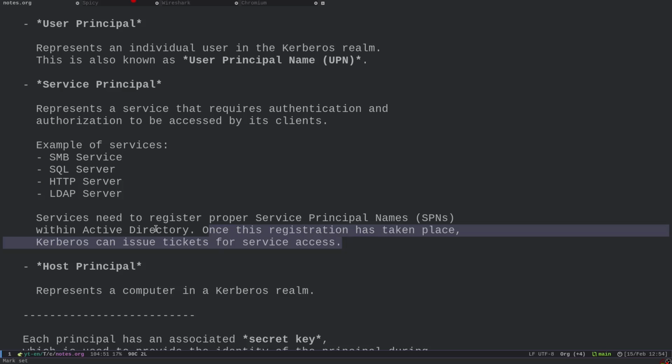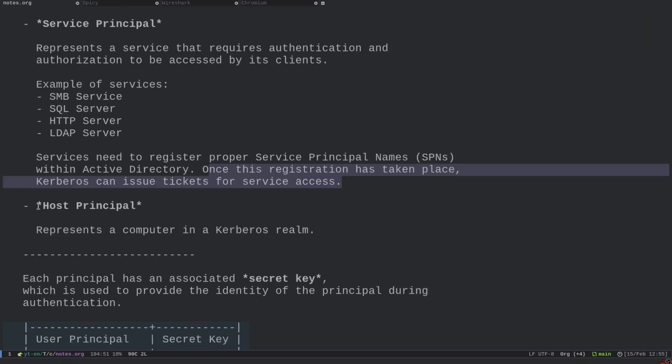So if you want a service ticket for a specific service, say service 1, this service needs to have a proper service principal name. If it doesn't have an SPN, then you cannot get a ticket through Kerberos. And then we have the host principal, which represents computers in the context of a Kerberos realm.